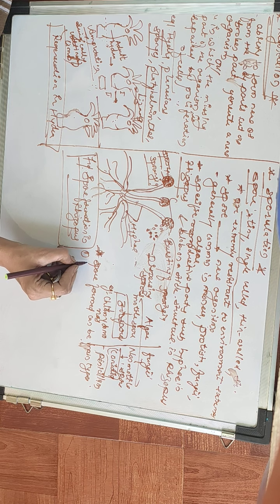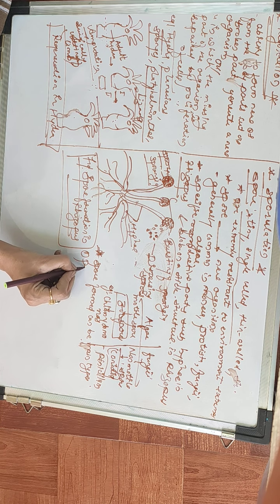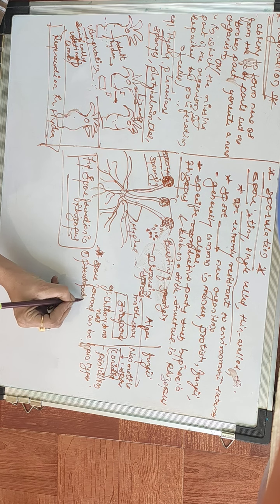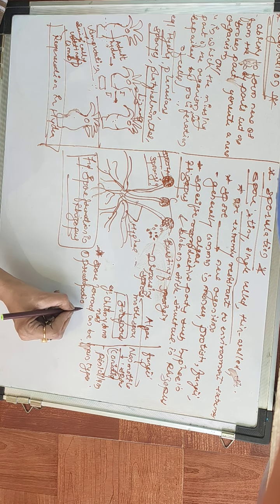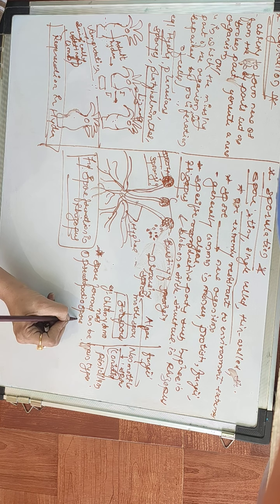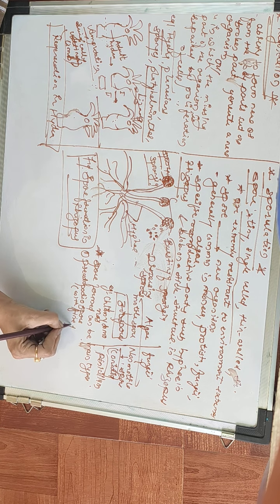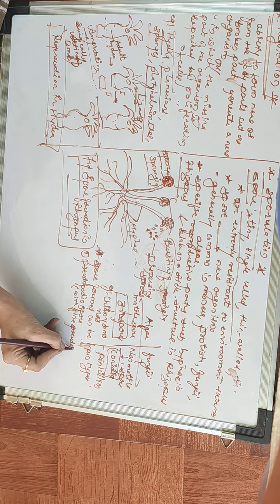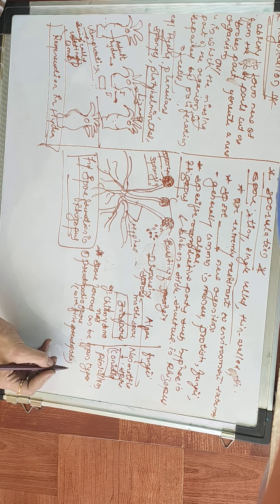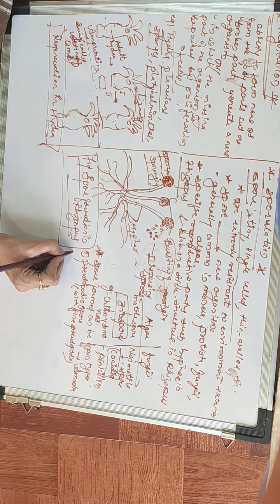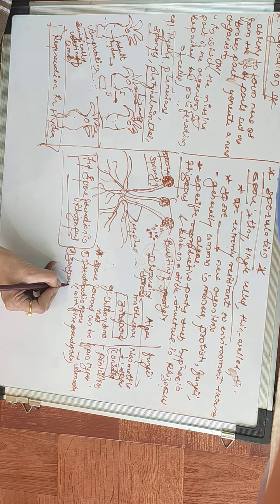First is called pseudopodiospores. This is the first type of spores. Pseudopodia are fine projections, and this generally occurs in amoeba.